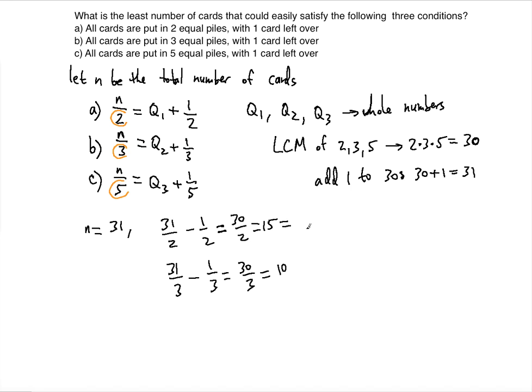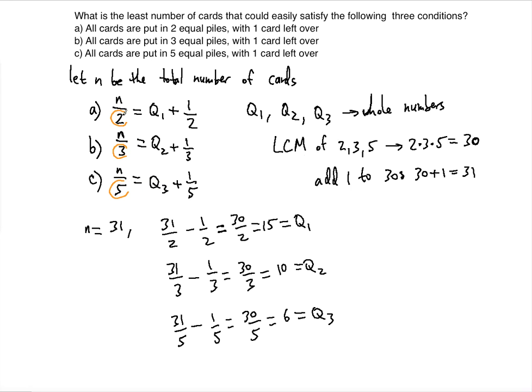And this, by the way, is quotient 1, and this is quotient 2. Then 31 divided by 5, subtract a fifth, will give you 30 over 5, which is 6. And that's quotient 3.